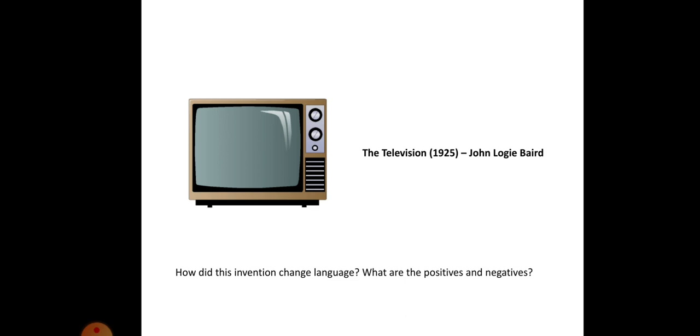Also, we now have TV on the move, effectively, with Netflix and Now TV and on-demand services, which allow us to access things from across the world. So I can watch a program from America, someone in America can watch a program from China, and there is a move towards a more global media that perhaps wasn't there initially.